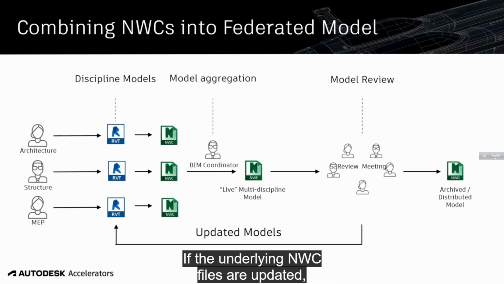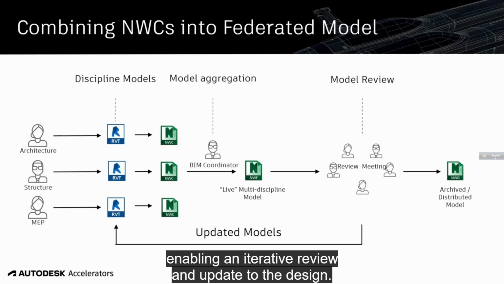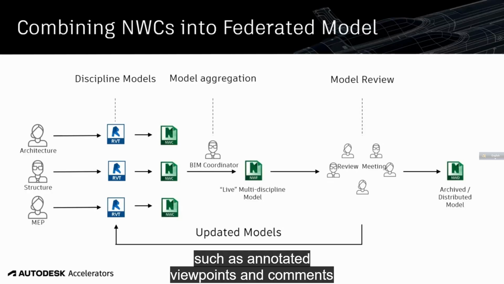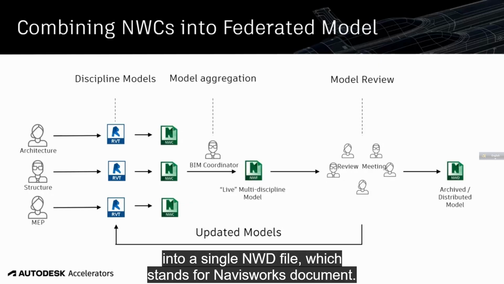If the underlying NWC files are updated, the updates are reflected in the NWF file, enabling an iterative review and update of the design. The NWF file also stores the Navisworks-specific data such as annotated viewpoints and comments that will be explained in the session. At any point, all the data can be encapsulated into a single NWD file, which stands for Navisworks Document.